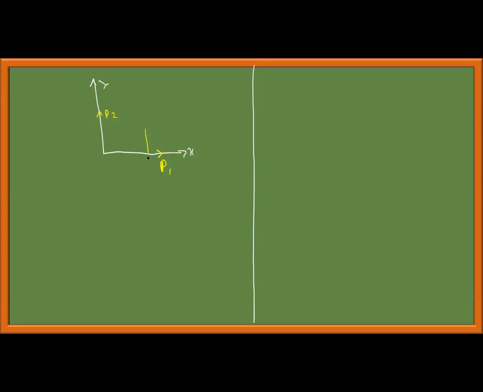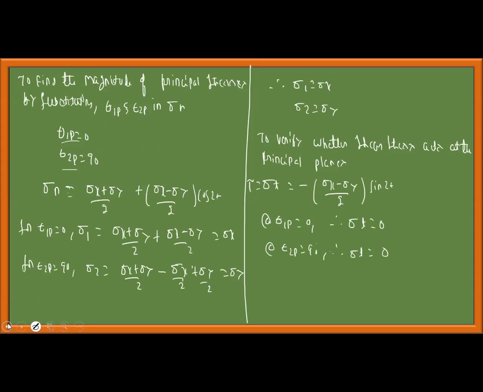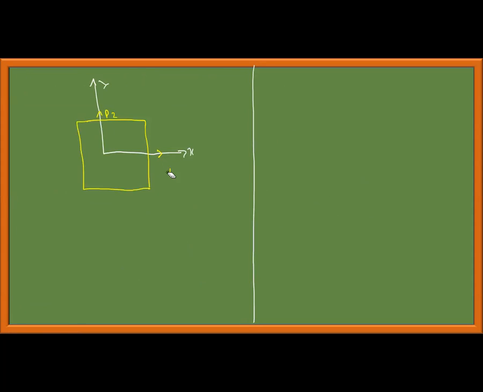The principal stress acts perpendicular to the surface. You represent the plane like this, and you should indicate the magnitude: sigma 1 is equal to sigma x, and sigma 2, acting perpendicular, is equal to sigma y, right?